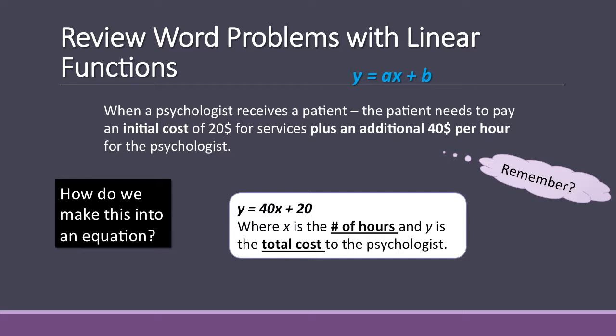So for example, if you were going to see a psychologist for 2 hours, you would put that into x, you'd get 40 times 2 plus 20, and that would give you the total amount that you would have to pay to your psychologist. I want you to remember this as we go into the upcoming slides, remembering that just like a linear function, your exponential function does have an initial cost, and it does have some kind of rate of change.